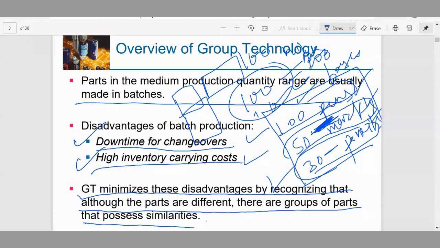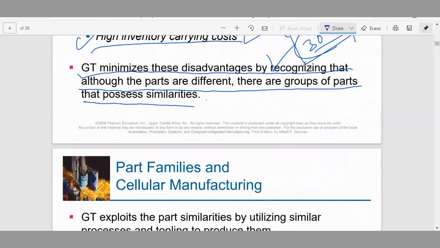In this way, the downtime for changeover will be reduced, or maybe it will be eliminated. And in that case, there will be a very low inventory carrying cost, right? So this is the difference between batch production and group technology.